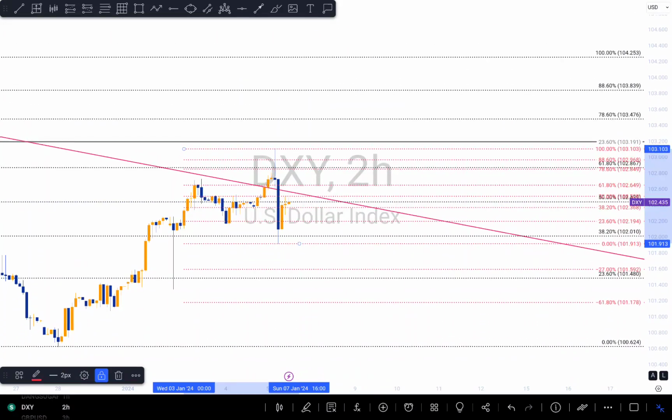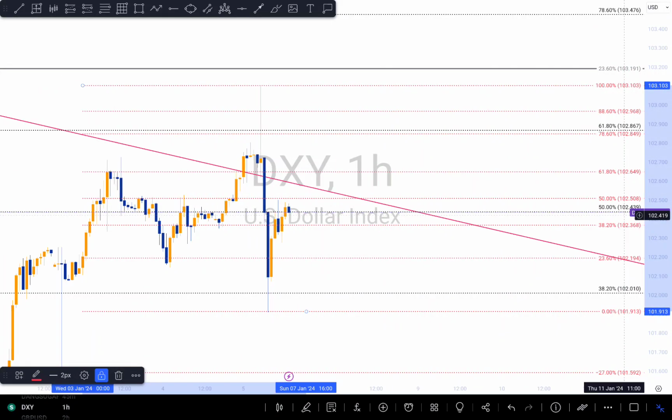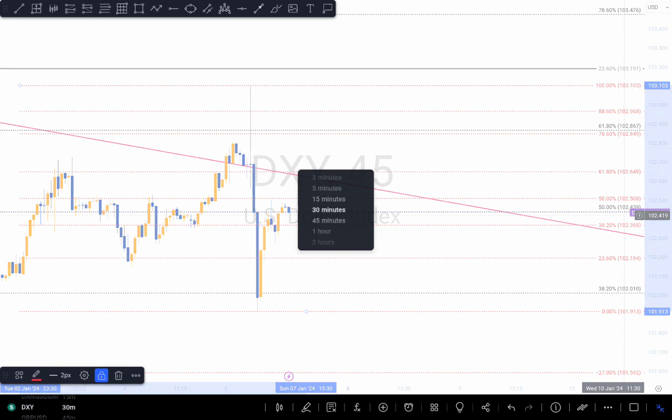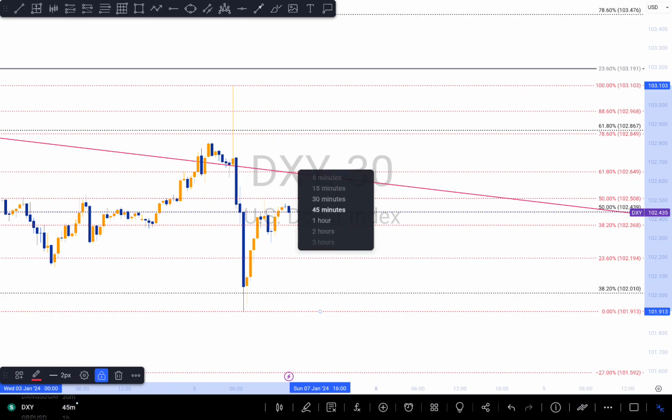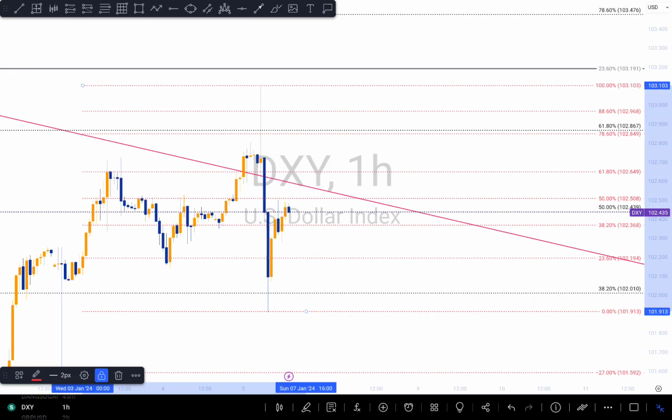And another possibility right now, let's go to my 1 hour time frame and see. Another possibility is we might push up a little bit to my 61.8% fib level, which is 102.649.